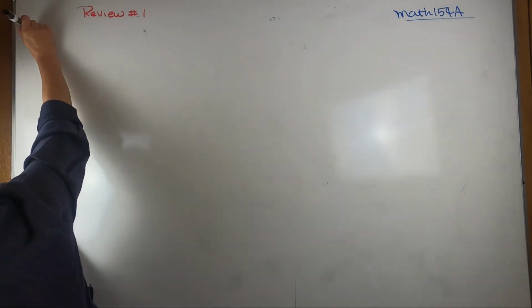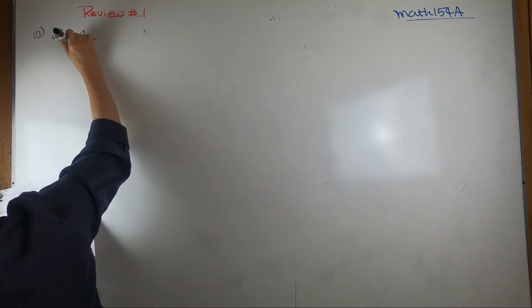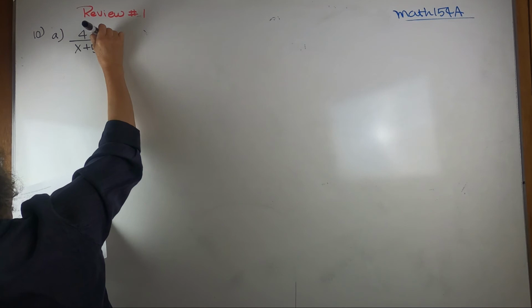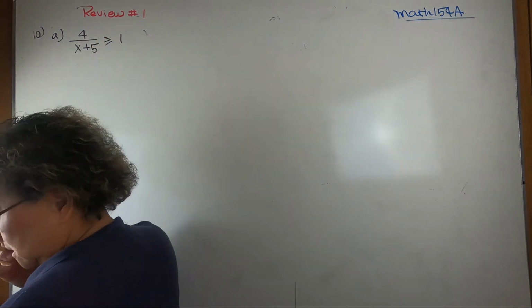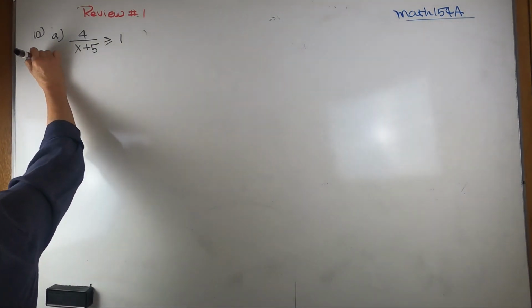So here we just do one, review one of the inequalities. So this one is rational inequalities. Your test may be quadratic inequalities or rational inequalities, but similar. So first step is what?